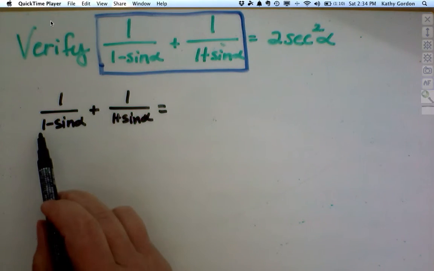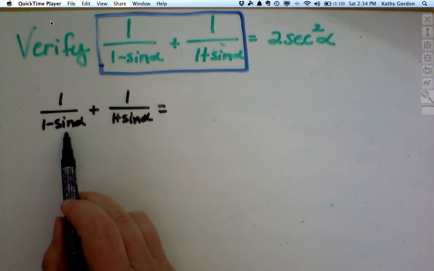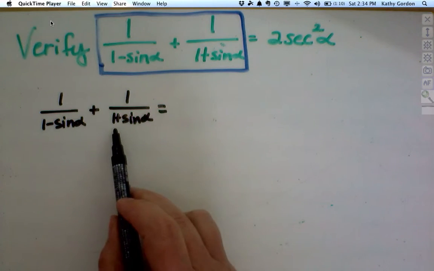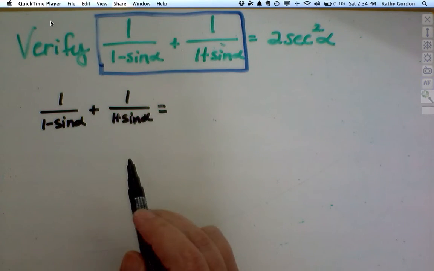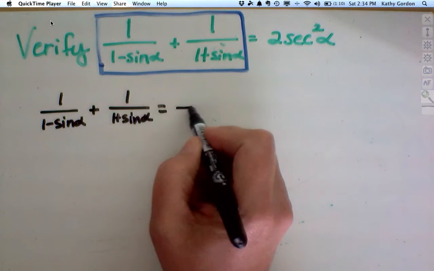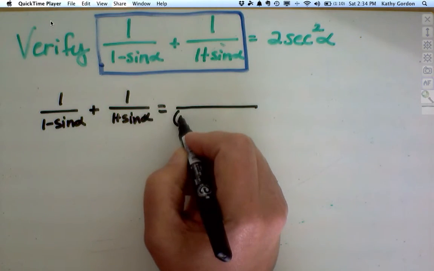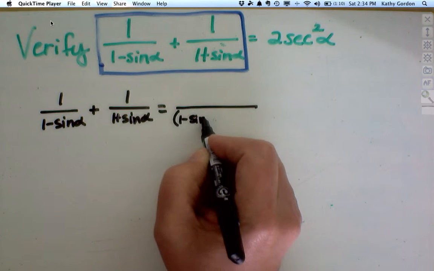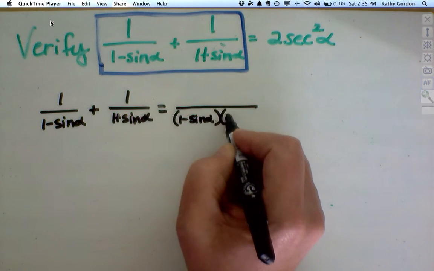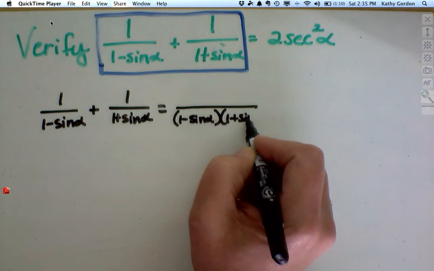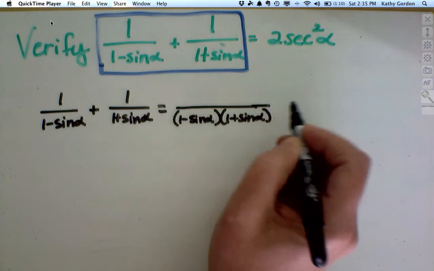So having 1 minus sine alpha in the first denominator and 1 plus sine alpha in the second denominator means that 1 minus sine alpha times 1 plus sine alpha is going to become our common denominator.